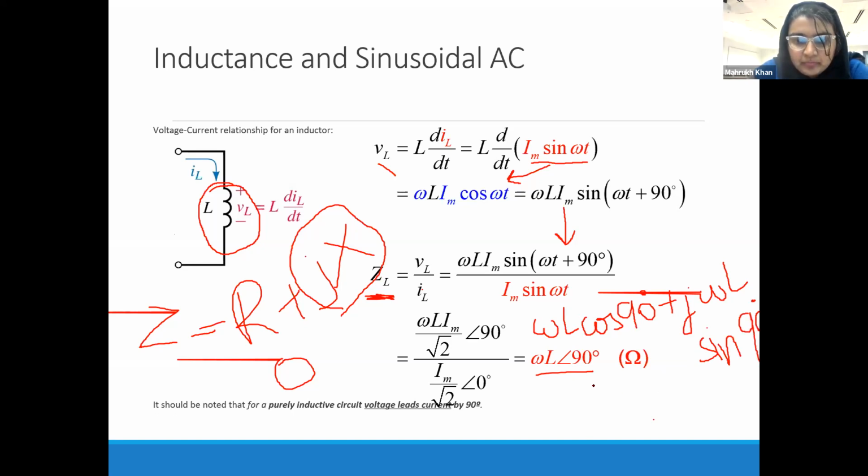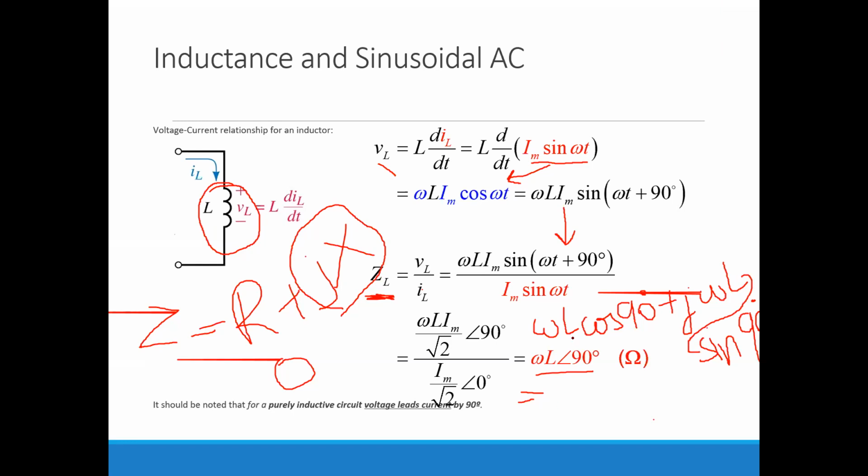Is it right? Wouldn't the cosine also be multiplied by J? Yes, I just write it here, but it's also multiplying here.